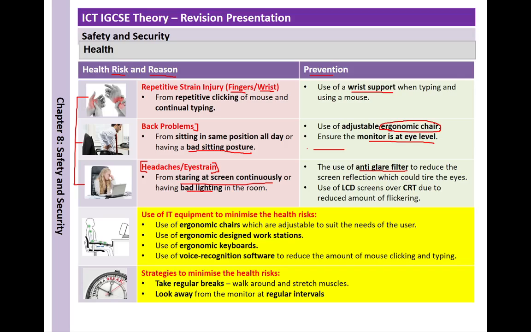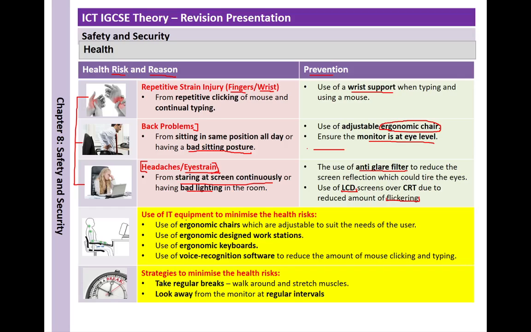You can wear them if you are looking at the screen or prefer to read off the screen. And you can even buy a more expensive screen such as LCD or LED, which have less flickering, so your eyes will not get strained that quickly.